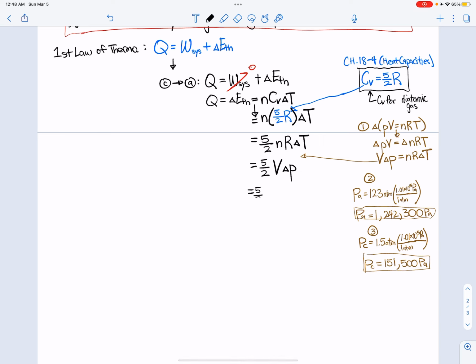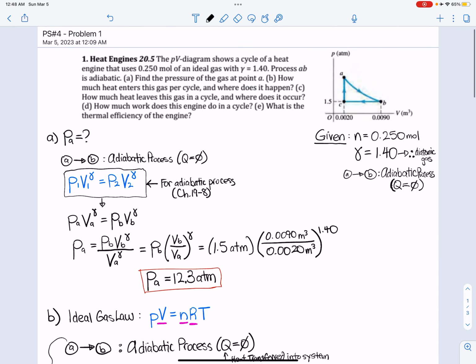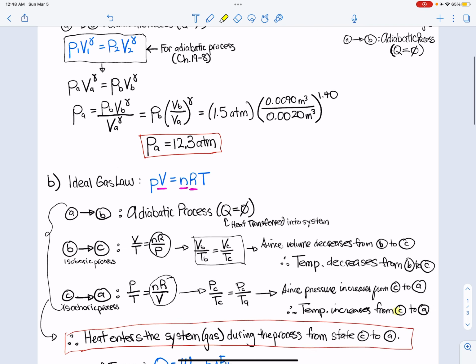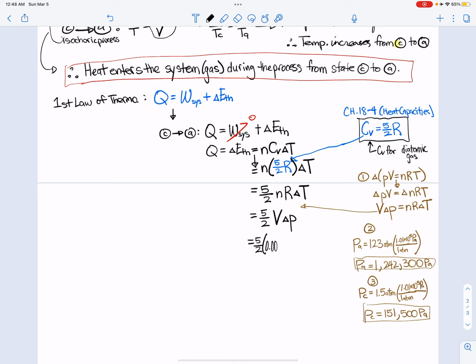All right, so I've got 5 over 2, and my volume is constant, and that is right here, 0.002 cubic meters, times delta P. Since we're going from state C to state A, delta P would be PA minus PC, which is 1,242,300 pascals minus PC, the pressure at state C, 151,500 pascals.